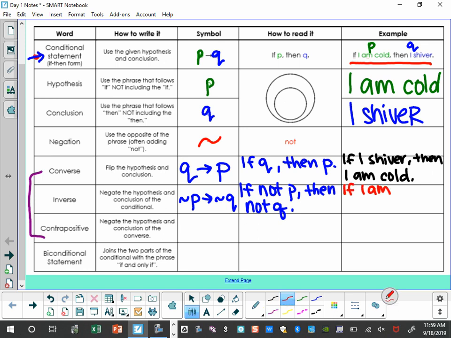If I am not cold, then I don't shiver. Throughout this unit, you guys will notice that some of your words can be flip-flops. If you wrote, if I am not cold, then I am not shivering, or that I am not going to shiver, any of that still means the same thing.